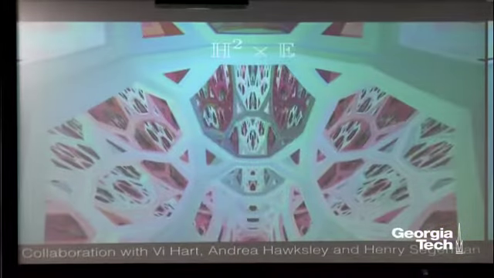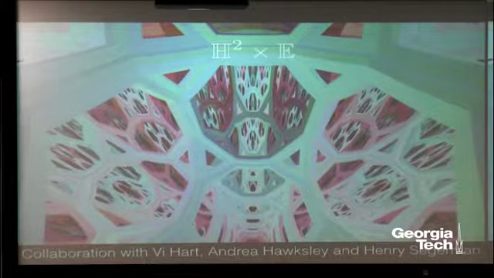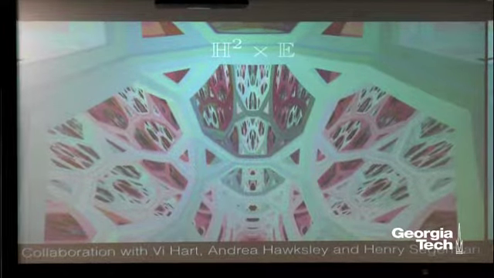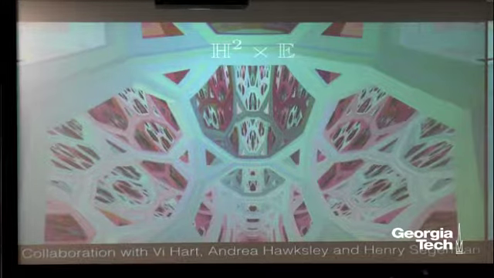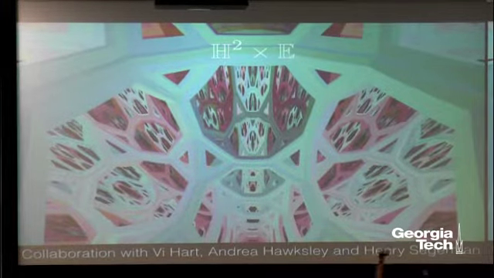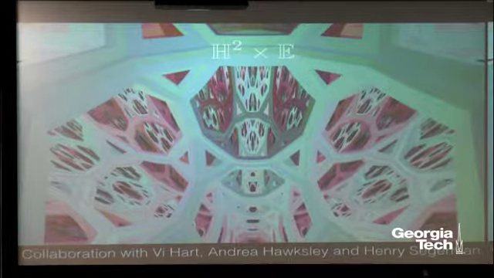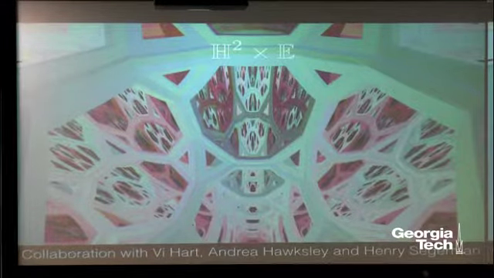The first space we're going to do is, mathematically speaking, called H2 cross E. This is what would happen if I took this blanket, made it infinitely large, and then extruded it into the z direction. So I'm taking the entire hyperbolic plane in the xy direction, and then it's just normal, regular Euclidean space, up and down.